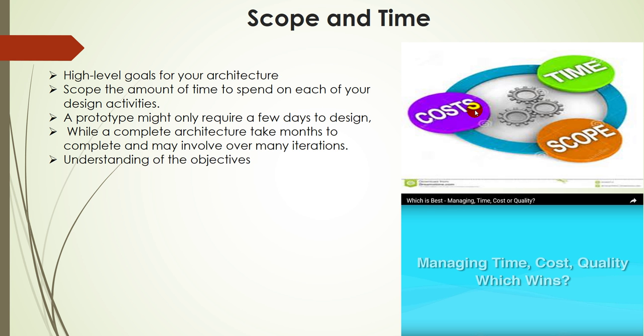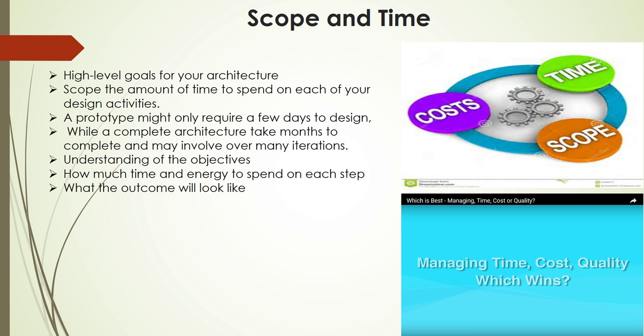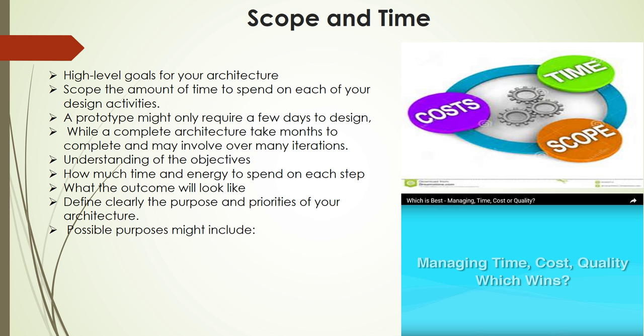Use your understanding of the objectives to determine how much time and energy to spend on each step to gain an understanding of what the outcome will look like and to define clearly the purpose and priorities of your architecture.